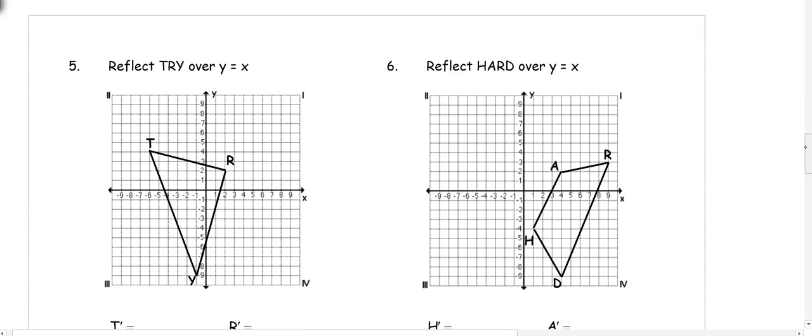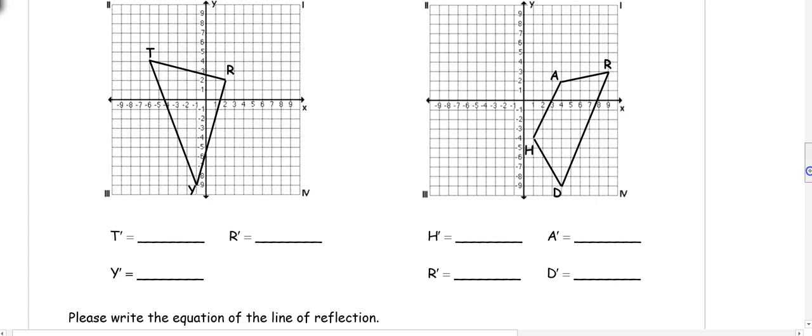So let's try reflecting over the y equals x line. I'm going to draw in my line of reflection for y equals x all the way across my graph. And now I'm going to graph my reflection. T is currently at the point -5, 4. To get the new point, we're going to switch the order.